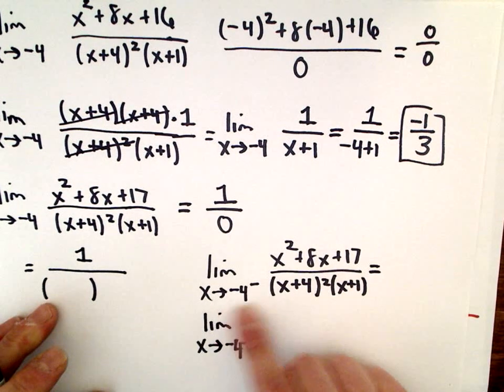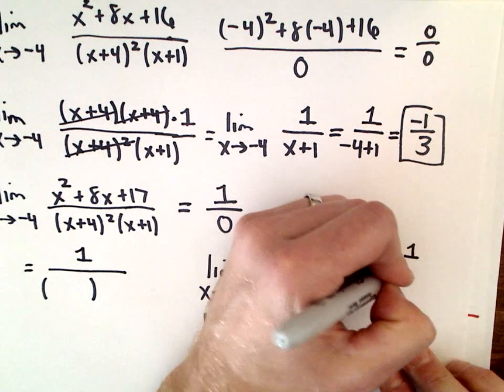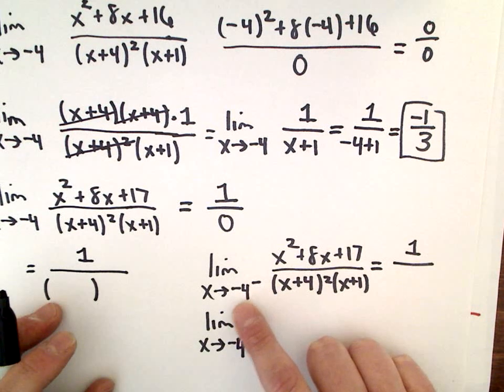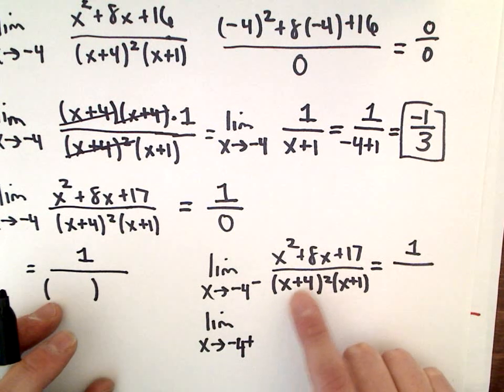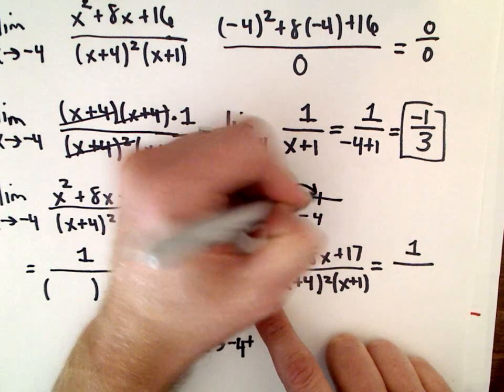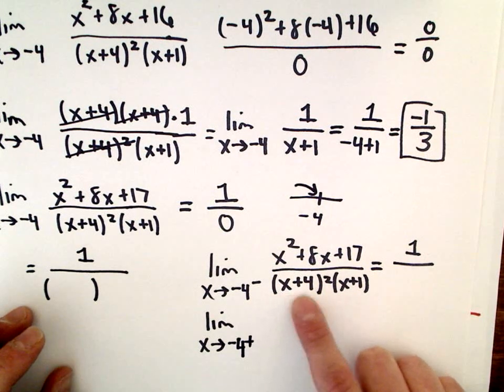So let's look at -4 from the left. Again, just substitute in -4, and you get +1 in the numerator. In the denominator, if I plug in -4, I'm going to get 0. If I take a number from the left of -4, that means I'm taking values a little bit smaller than -4, like say -4.01.